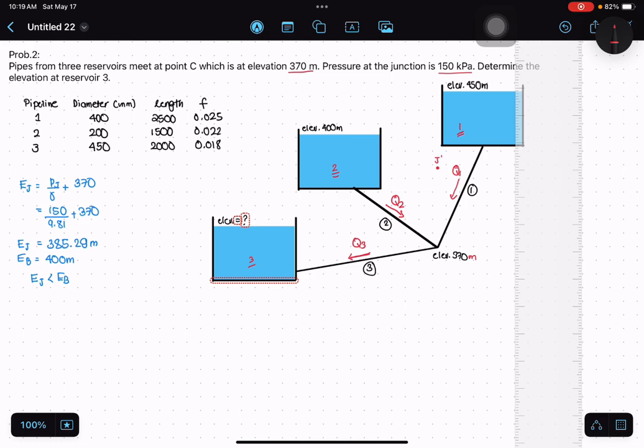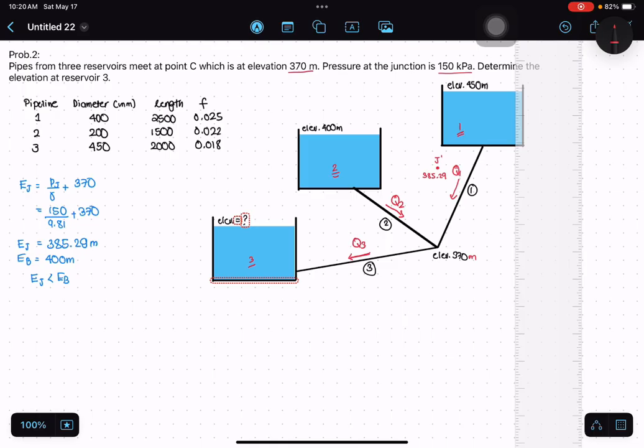So, ang elevation nito, yung elevation niya, kasi this is the total energy ng junction. So, in terms of elevation, that is the total energy na 385.29. Okay, so mamaya kasi magagamit natin yan.